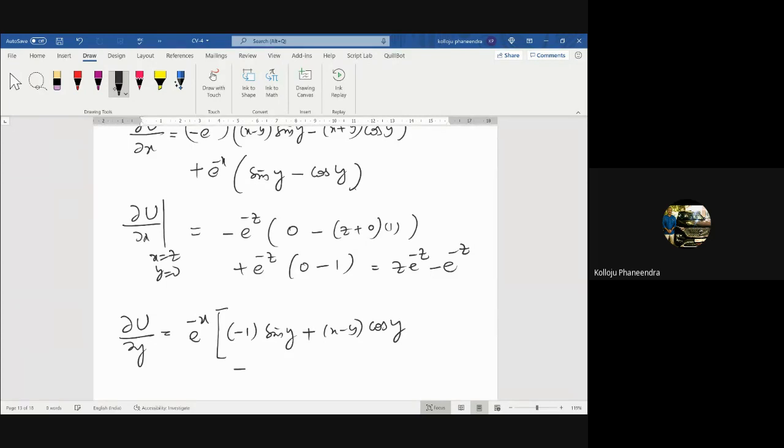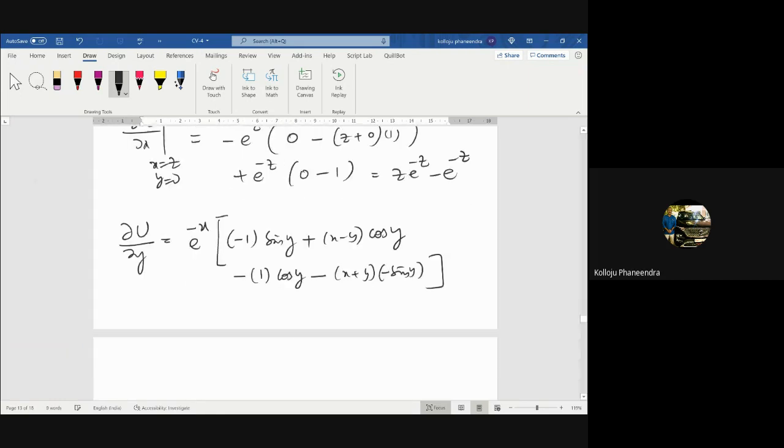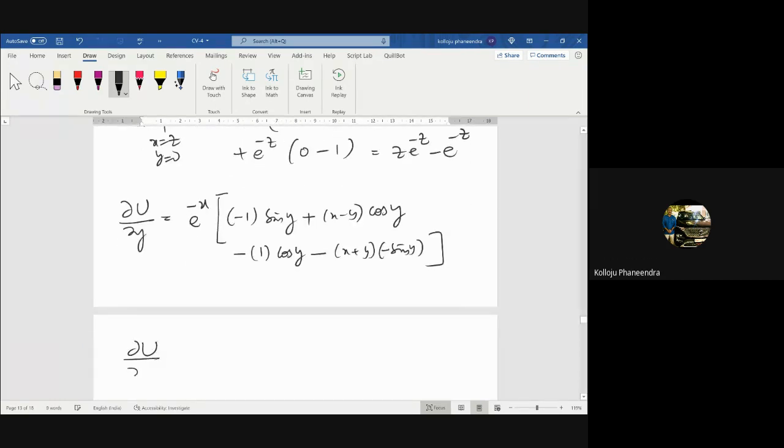Next, the derivative of minus x plus y is 1 into cosine y. Next, minus x plus y as it is, and the derivative of cosine y is minus sine y, this is over. Now in this you put x equal to z, y equal to 0.